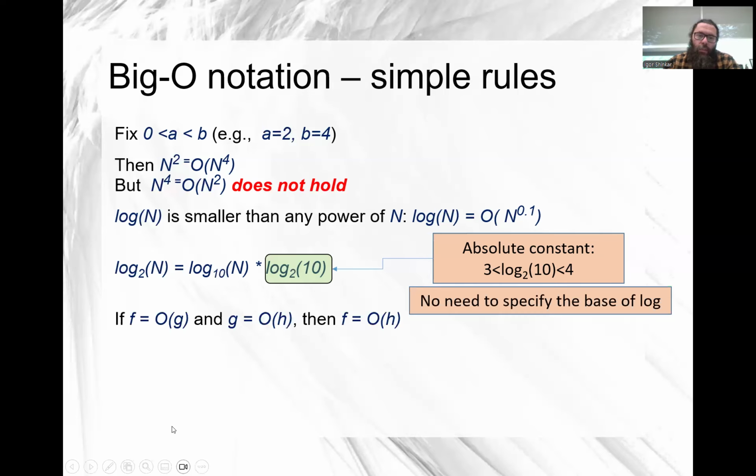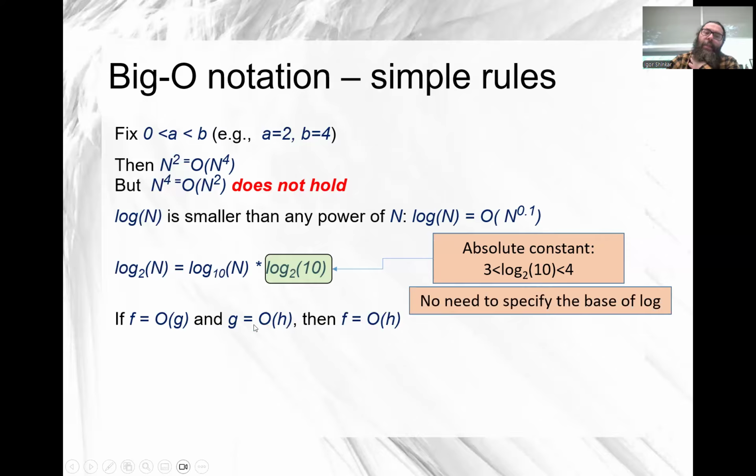Let's do some simple exercises. Okay, so here are some exercises. I'll do one of them, and you'll do the other two. So let's say that f is O of g, and g is O of h, then f is O of h. So yeah, let's try to parse it. f is essentially smaller than g, up to multiplying g by a constant.